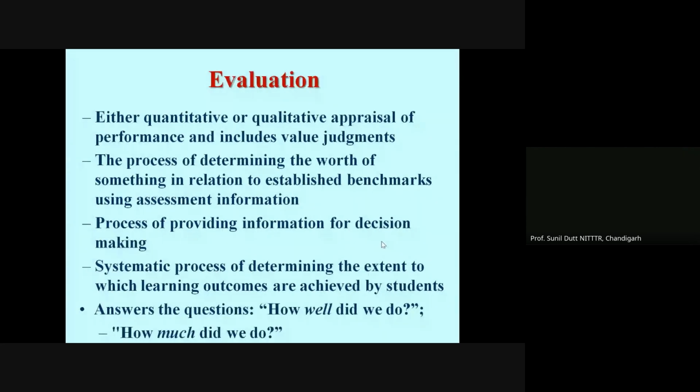So evaluation answers the question how well and how much, both. Okay, so evaluation can be made on an individual student, it can be made on the entire class, it can be made for a complete program, it can be carried out at an institution level, at the state level, and so on.